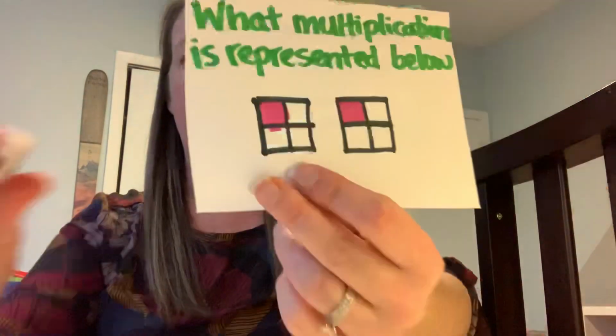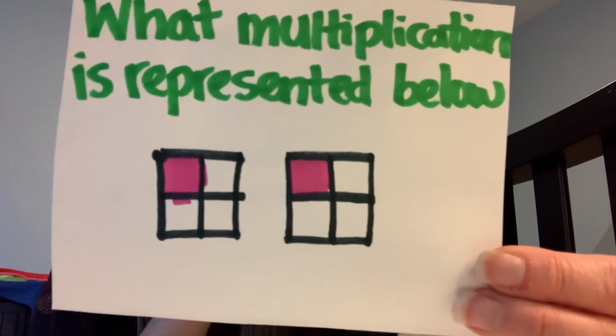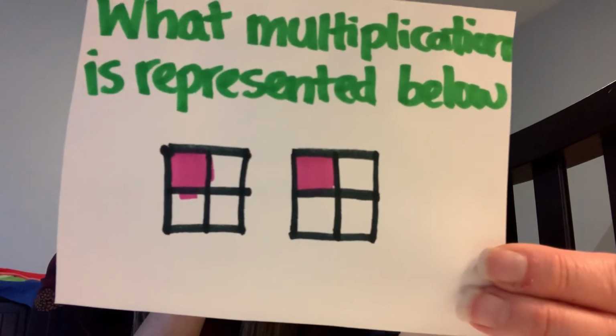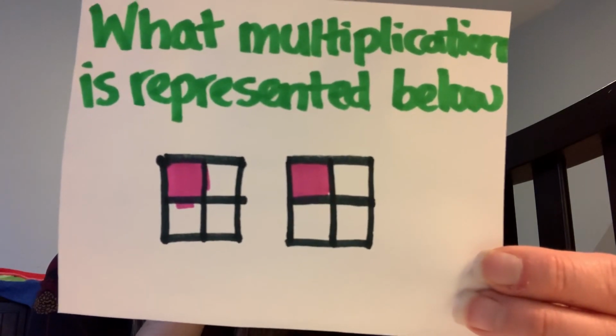Okay? Now I'm going to show you a model, and you see if you can figure out what the multiplication sentence was. What if you saw this model? What would be the multiplication sentence that's represented by that model? So look at your whole, think how many pieces is it split into, and then how many do you have?